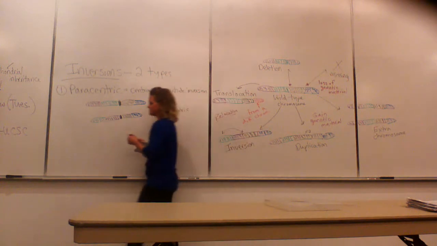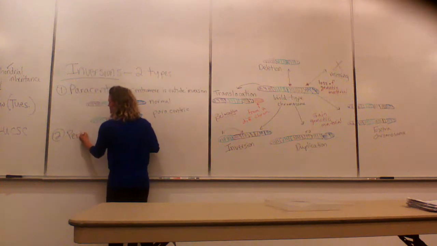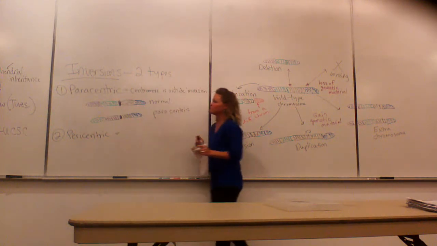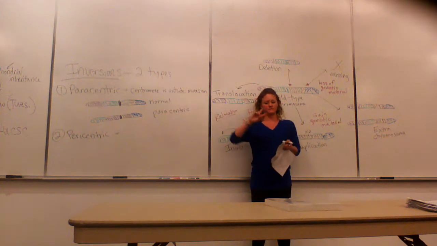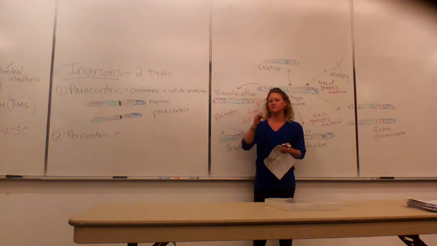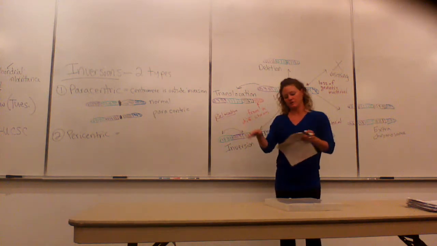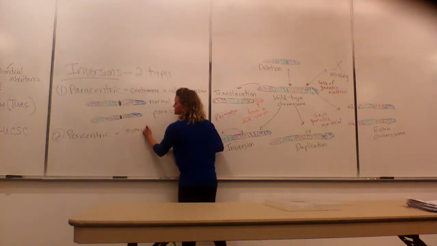And that's in contrast to peri. These are always fun ones to memorize. You have paracentric and pericentric. Peri means the flip-flop, that inversion event, is spanning the centromere. Okay. So it includes the centromere.